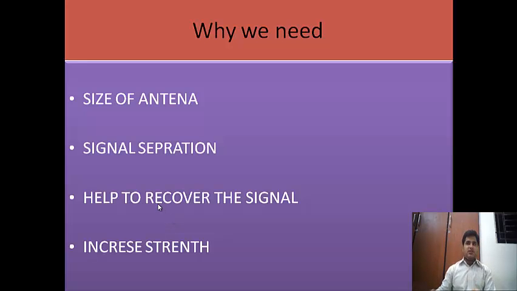Signal separation is very easy to understand. We just take an example of our normal FM radio, Radio Mirchi signals, like 98.3, 92.5, 93.5. All are different stations and have their own identity. But the basic message signal is the same for everyone. Every radio station just mixes in a different carrier signal. Like 92.5 will mix a 90 kilohertz carrier and 98.3 will mix a 96 kilohertz carrier signal.